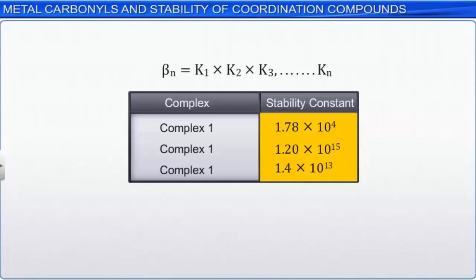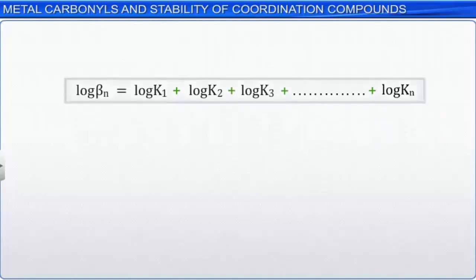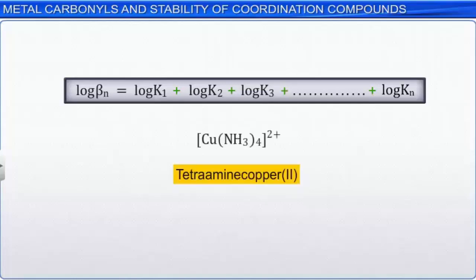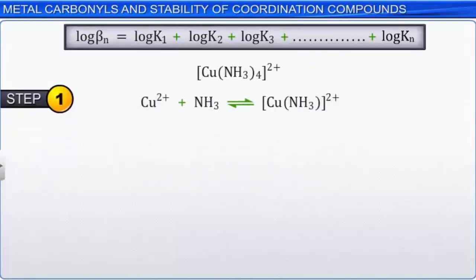Consider the formation of the complex tetraamminecopper(II) to understand this better. The addition of ammonia ligand to cupric ion may be considered the first step. The stability constant for this step may be written as K1 is equal to the concentration of [Cu(NH3)]2+ divided by the product of the concentrations of Cu2+ and NH3.